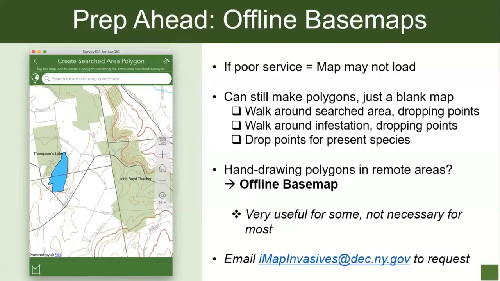But for hand drawing polygons where you think you might need some map imagery on your phone, we encourage using the offline Basemap. So this can be very useful for some of our users, but it's generally not necessary. If you want more information on the offline Basemap, please email us at iMapInvasives@dec.ny.gov to request a handout on how to access this resource.